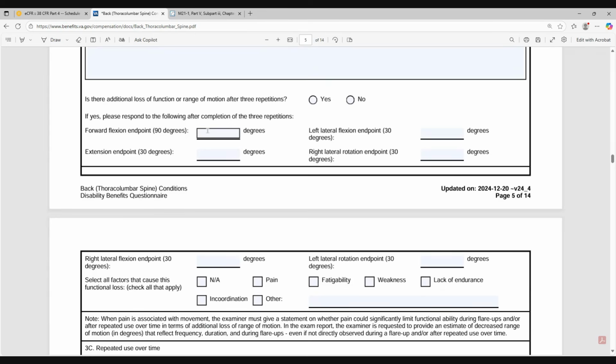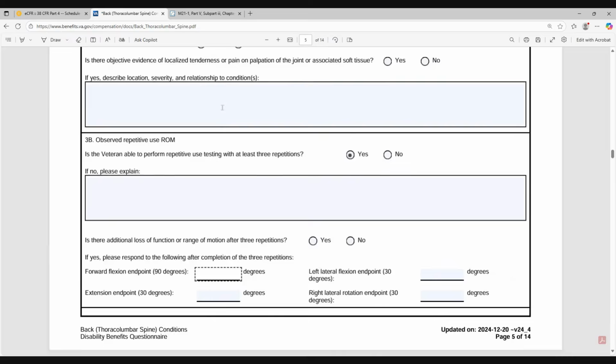Now, private DBQ veterans that are using the private DBQ option, one of the things that causes me to discount your DBQ is if this is better than your normal baseline range of motion.